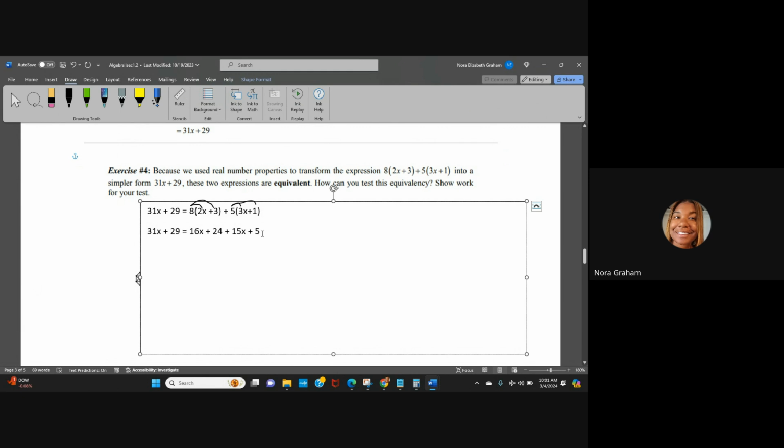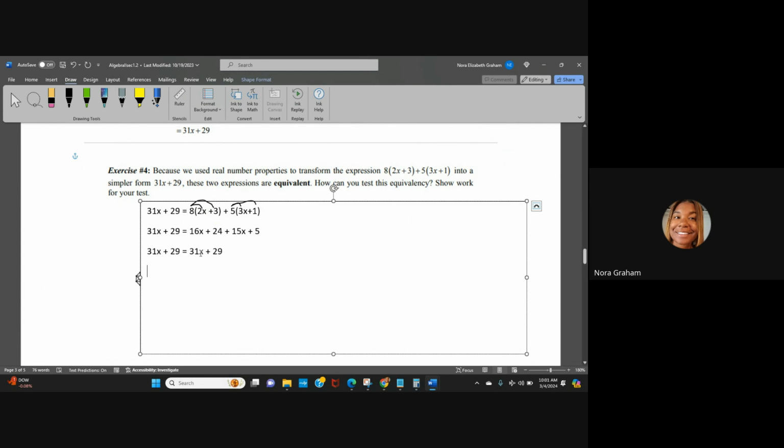Okay. Next thing I want to do is start combining my like terms on this side. Let's do that here first. So again, that 31x plus 29 just comes along for the ride. And then 16x plus 15x, that's going to give me 31x. And then plus 24, 25, 26, 27, 28, 29. All right.